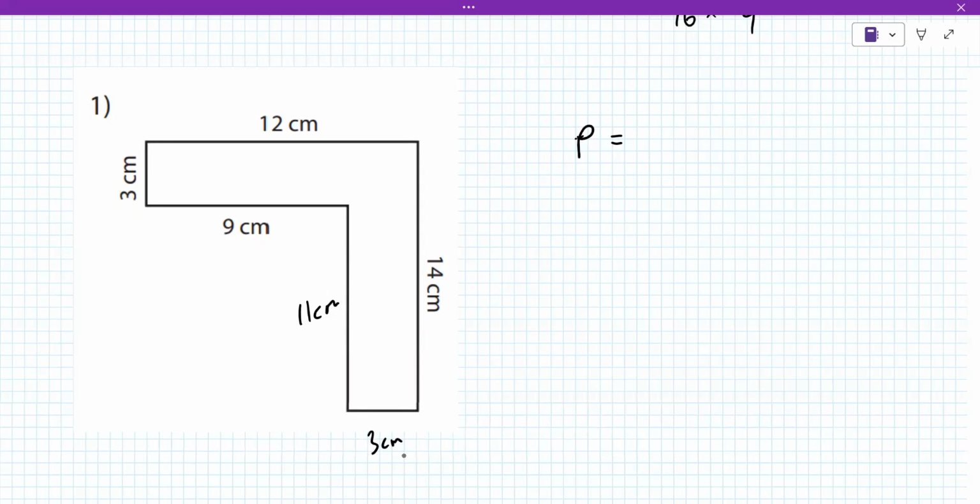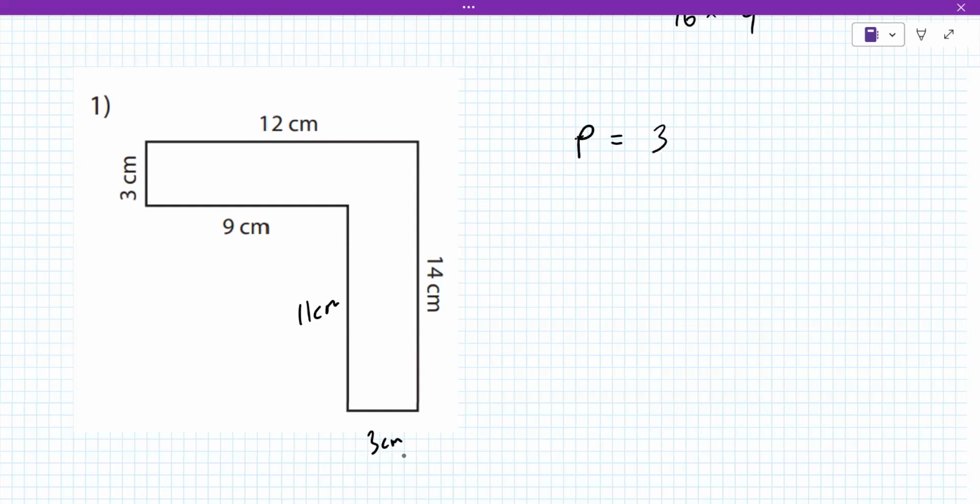Well, that's 15 plus 9 plus 14. 52 centimeters.